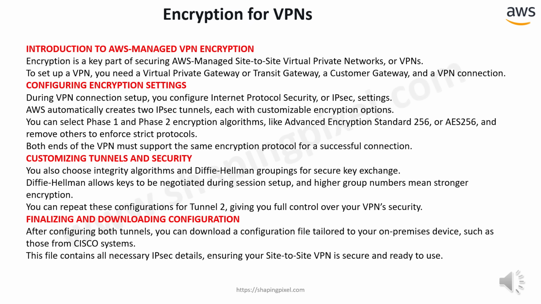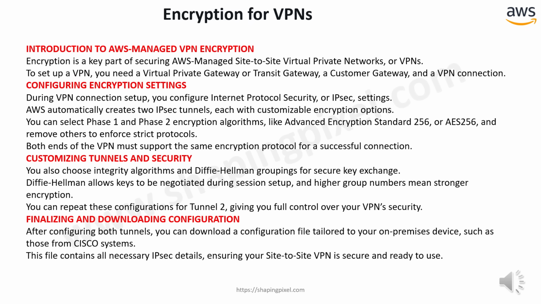Encryption is a key part of securing AWS-managed site-to-site virtual private networks, or VPNs. To set up a VPN, you need a virtual private gateway, or transit gateway, a customer gateway, and a VPN connection. During VPN connection setup, you configure Internet Protocol Security, or IPsec settings.